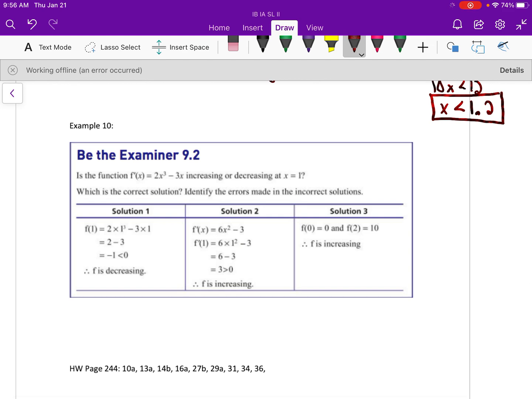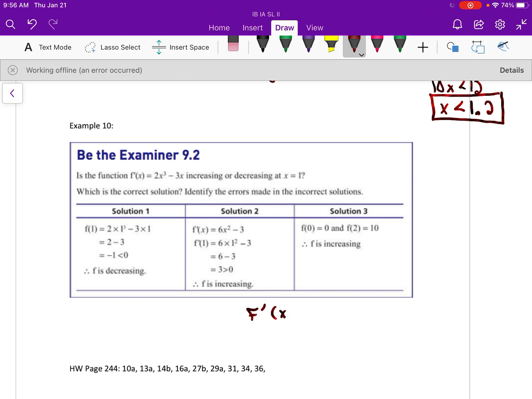All right. Same thing for this question. We have the function f prime of x equals 2x cubed minus 3x. Is it increasing or decreasing at x equals 1? So this is the derivative, so we're already given the derivative here.